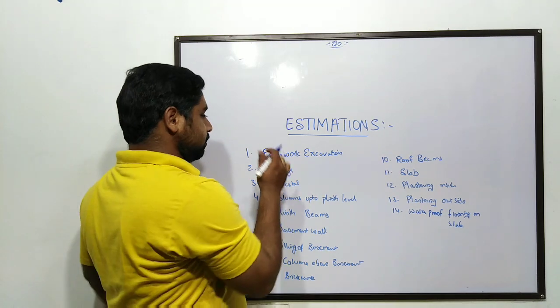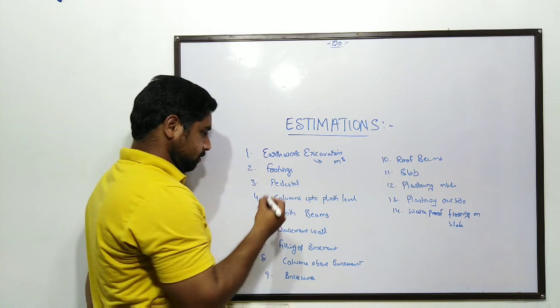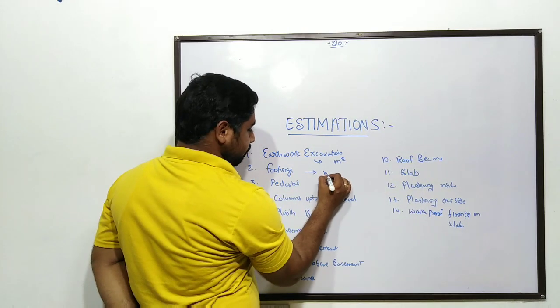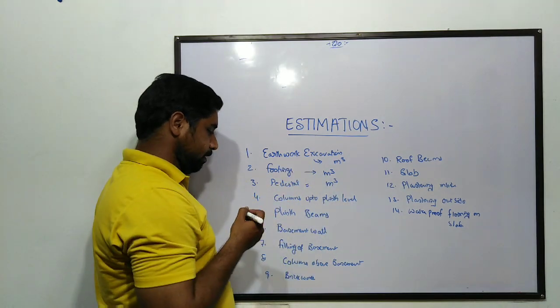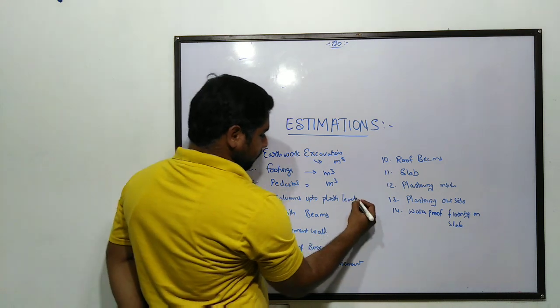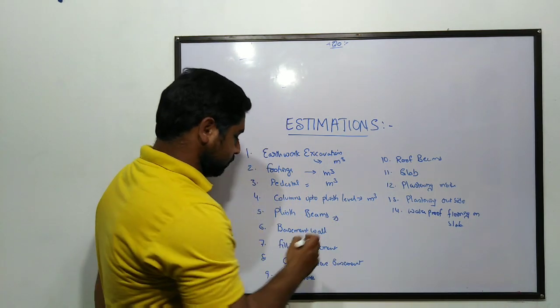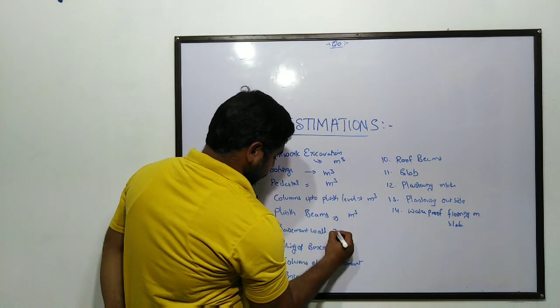So first, earthwork excavation will be done in cubic meters. Footings, quantity of concrete required for footings, will be done in cubic meters. Pedestals also in cubic meters. Columns up to plinth level, also cubic meters. Plinth beams will be calculated in cubic meters.